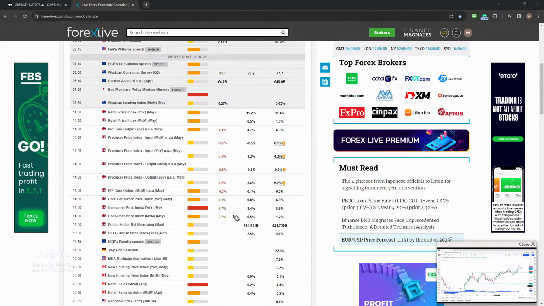Now, the CPI year on year is 8.7, the core 7.1. So it's about 0.3 difference. Same thing, 0.3. There are changes here. Let me see what it is.